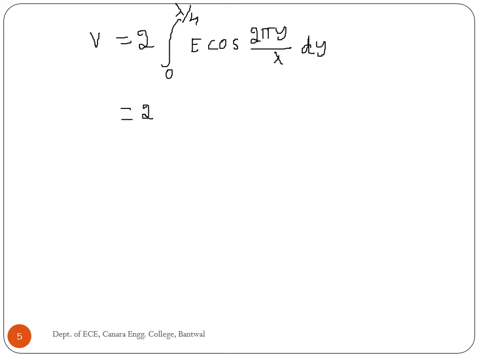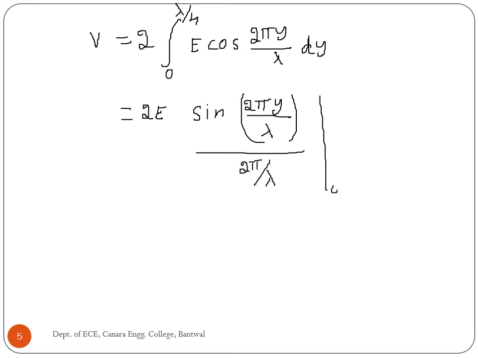Induced voltage V is equal to 2 times the integral from 0 to lambda by 4 of E cos 2 pi y by lambda dy, which is equal to 2E times the integration of cos 2 pi y by lambda, which is sin 2 pi y by lambda divided by 2 pi by lambda, limits 0 to lambda by 4.